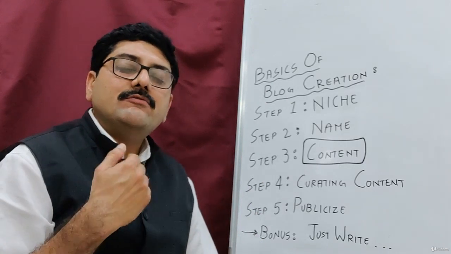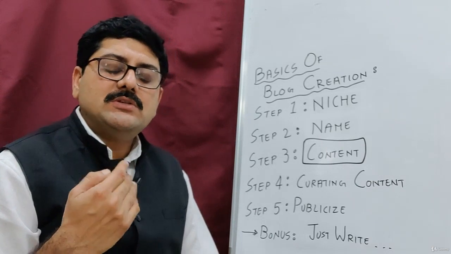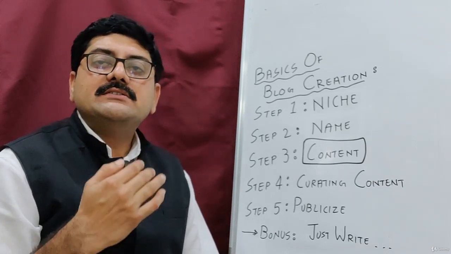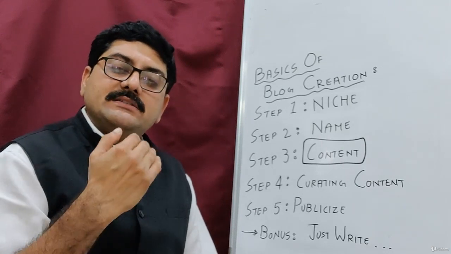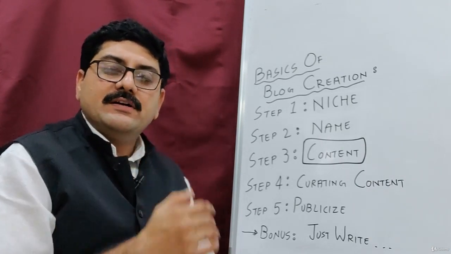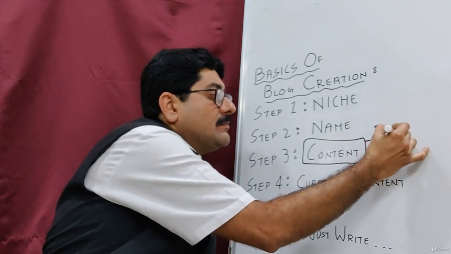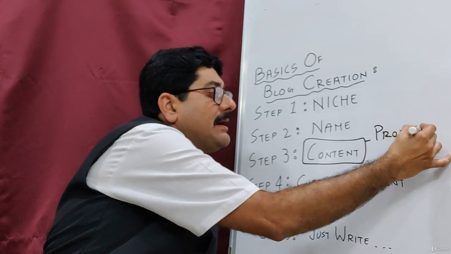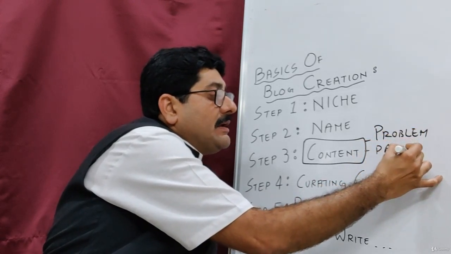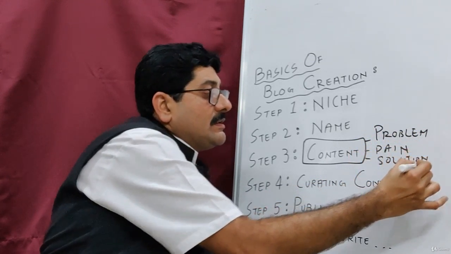So there are certain formulae that you can use. For example, you can use a formula where the first part of the blog covers the introduction, the second part covers the pains, right? The first is the problem, the second part is the pain related to the problem, and the third part is the solution, right?